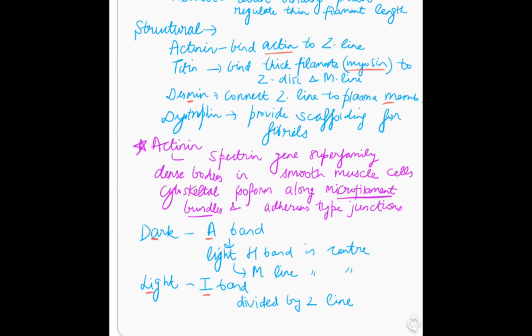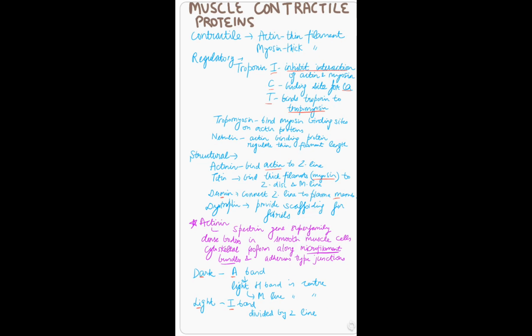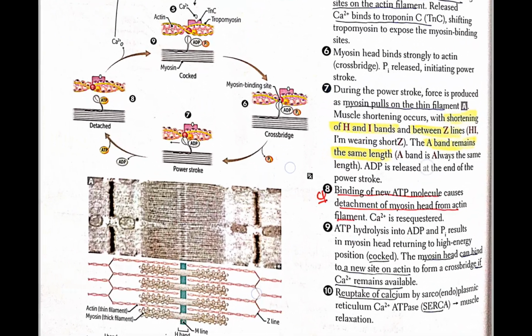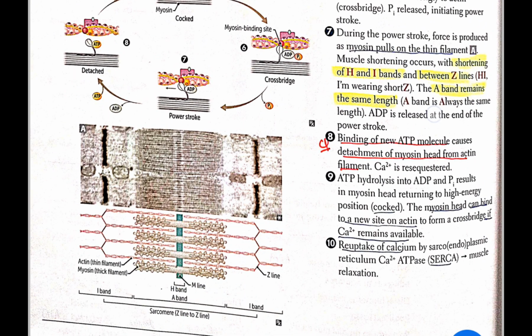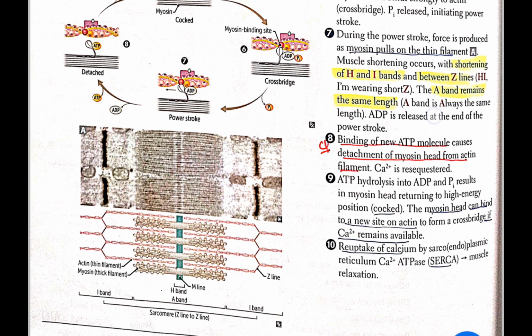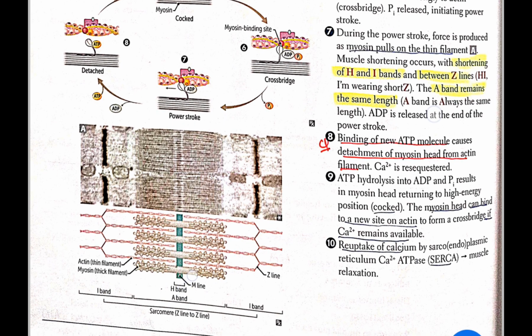So in the A band, in between is the H band, and in the middle of the H band is the M line. The light band is the I band. In light, I is coming, so light band is I band, and it is divided by the Z line. Now let's come to this. See, here dark band is A band. Then we have the I band, the light band. In the A band we have the H band which is lighter, and in between the H band we have the M line.